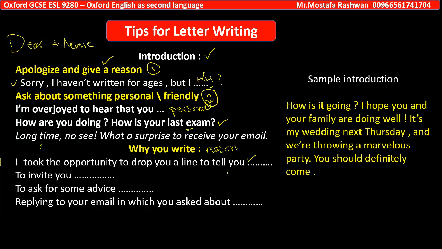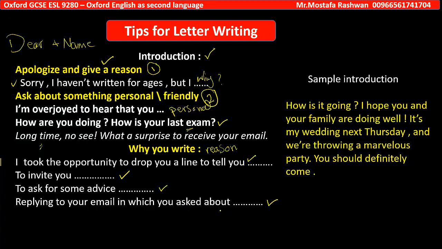What will you tell him based on the question? Based on the prompt, you will write the reason for your writing. If the letter is an invitation, you can say to invite you, or to ask for some advice if you are requesting some advice, or maybe replying to your email in which you asked about.